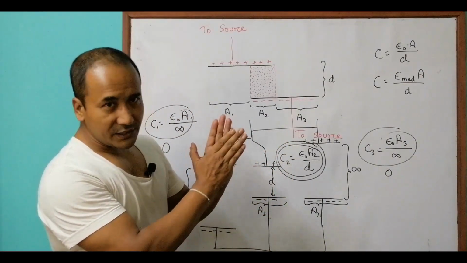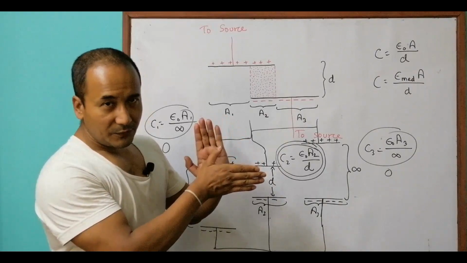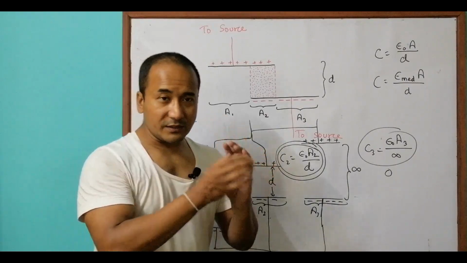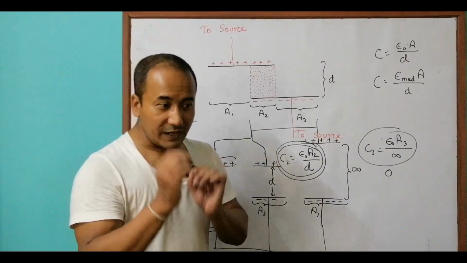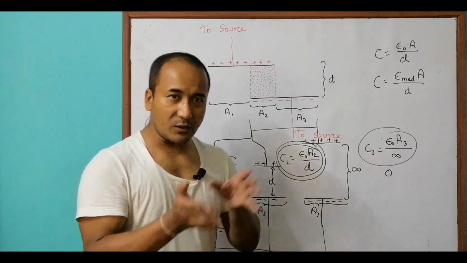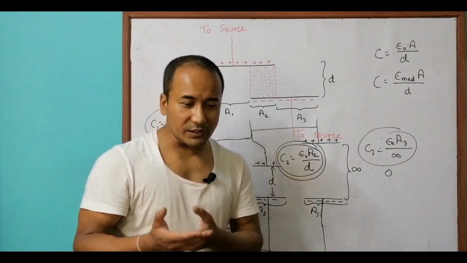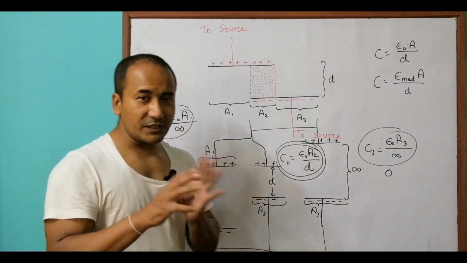If I do this, it decreases. If I do this, it decreases more. So when the overlap area changes, the capacitance changes, and according to that capacitance, the device will allow some frequencies and disallow others. That's what a tuning circuit does. So this theory has that impact in tuning circuits.